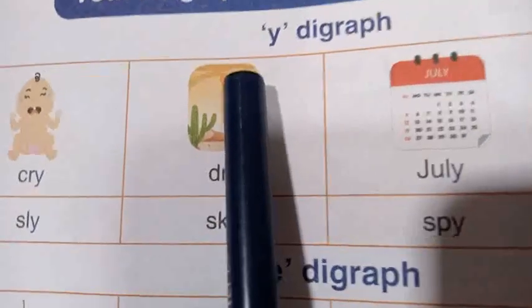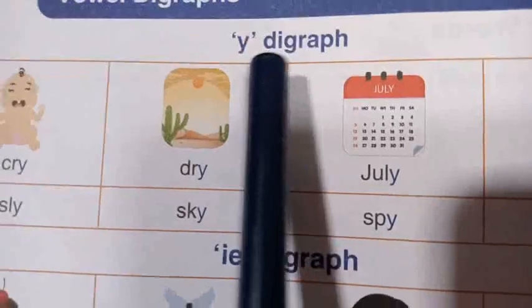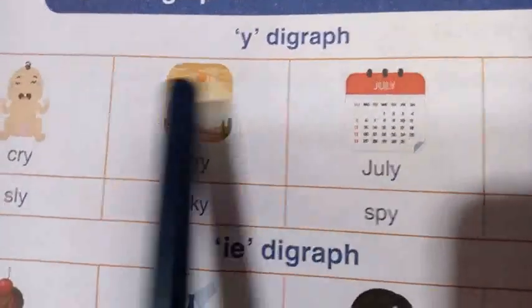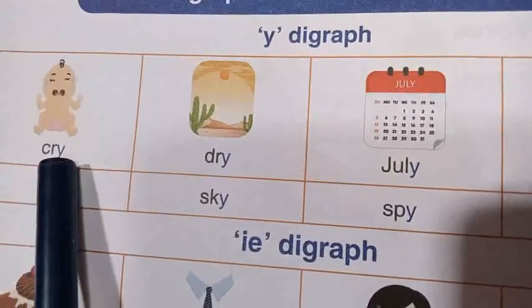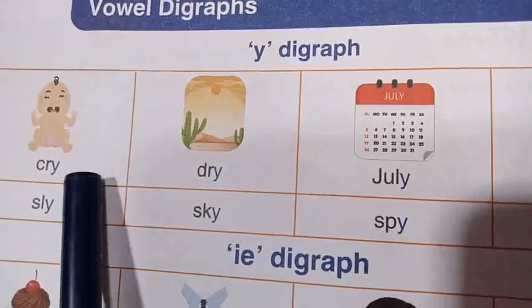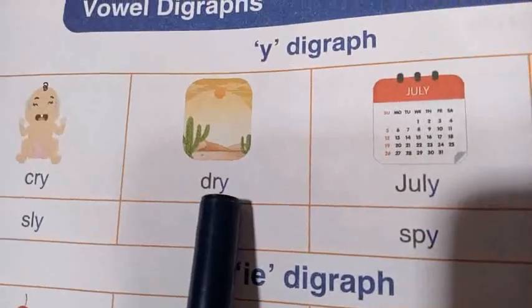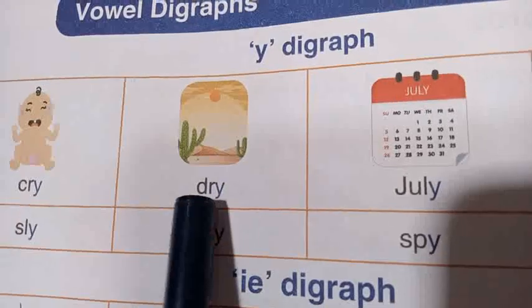So see this, my dear children. I will send you in WhatsApp. Just use the left hand to read these words. I digraph. I as in cry. Cry. Next, dry.